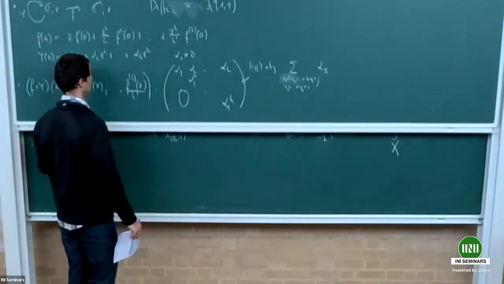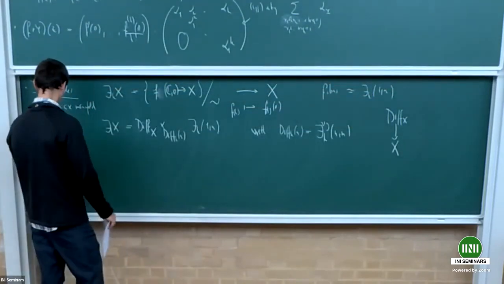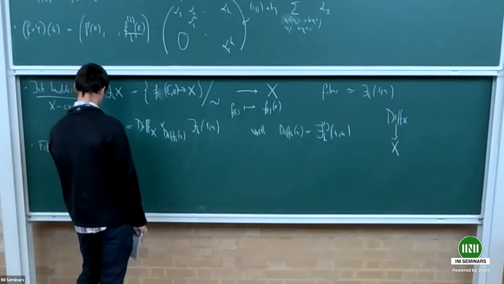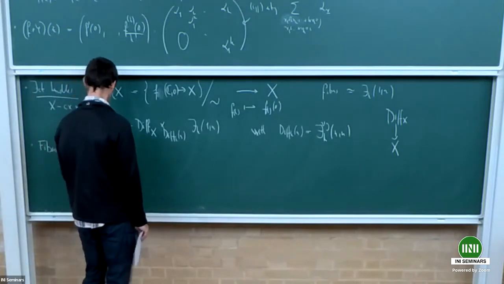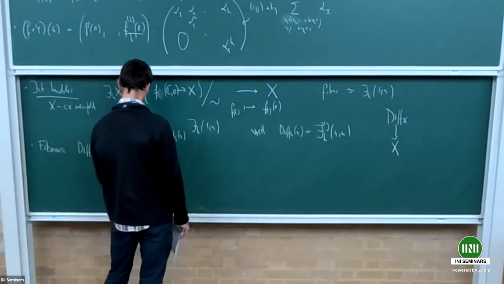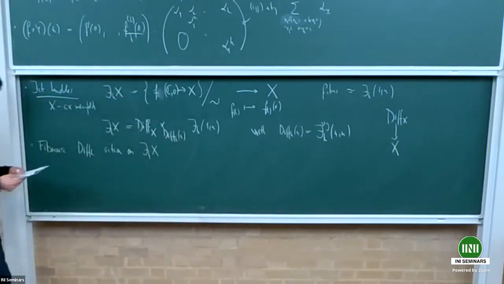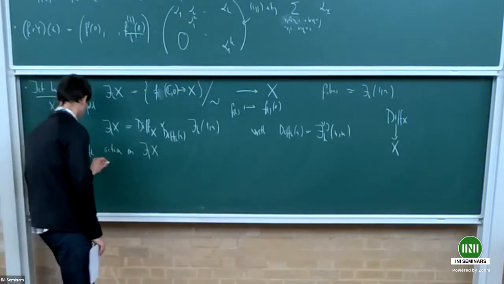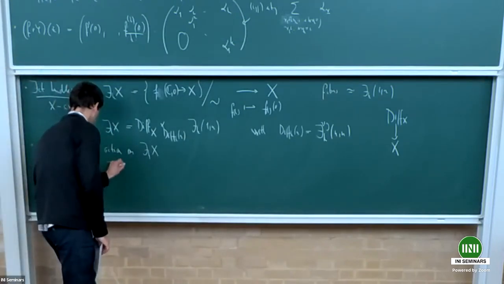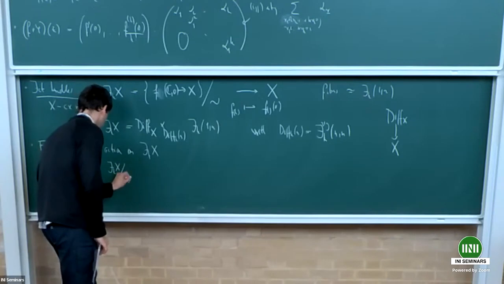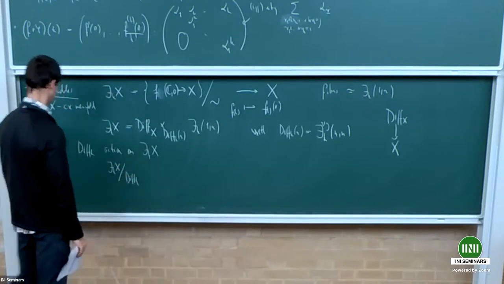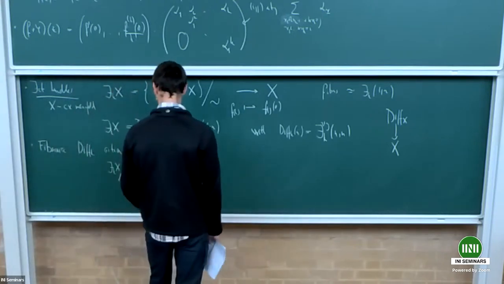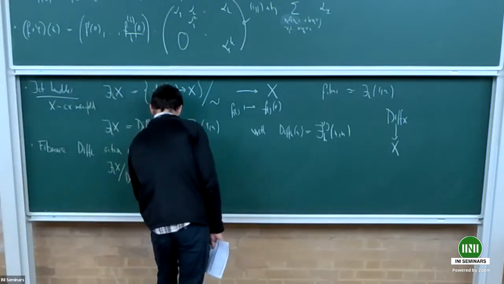So there is a fiber-wise Diff K action on J K X. What you can say is that you can take J K X mod Diff K, and this is the moduli object.